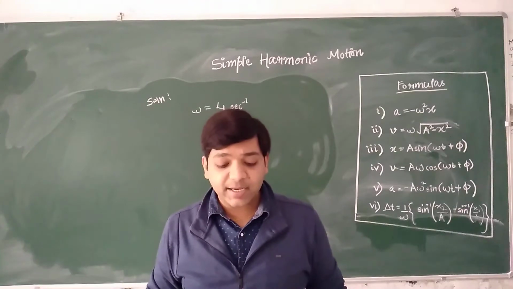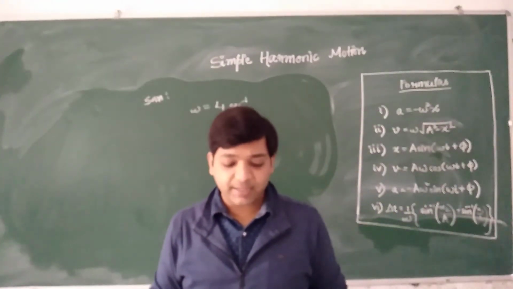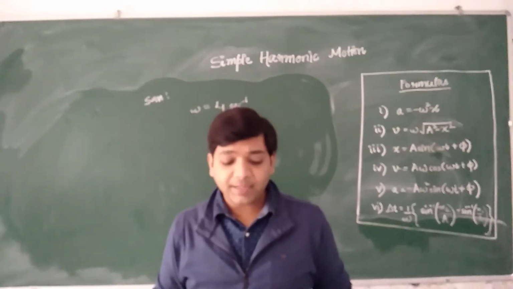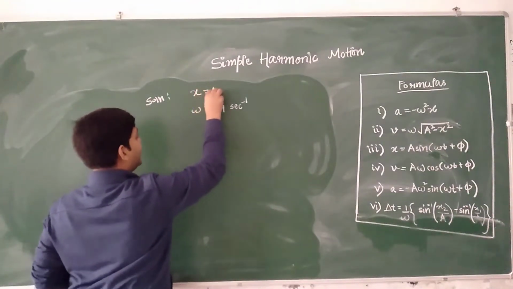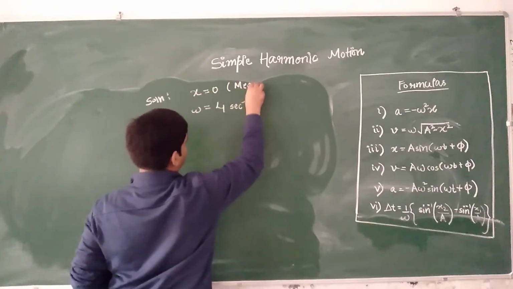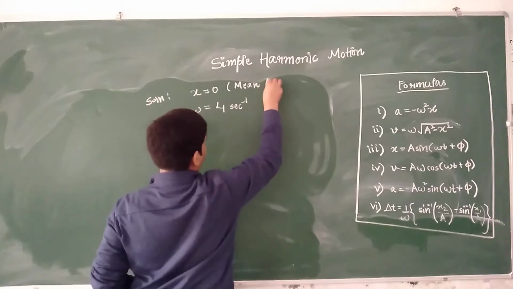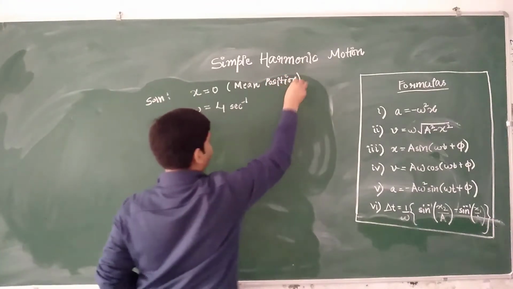The question is saying we have been given omega is equal to 4 second inverse, that is fine, right? And the mean position of the particle is x is equal to 0. So this is the mean position, right?